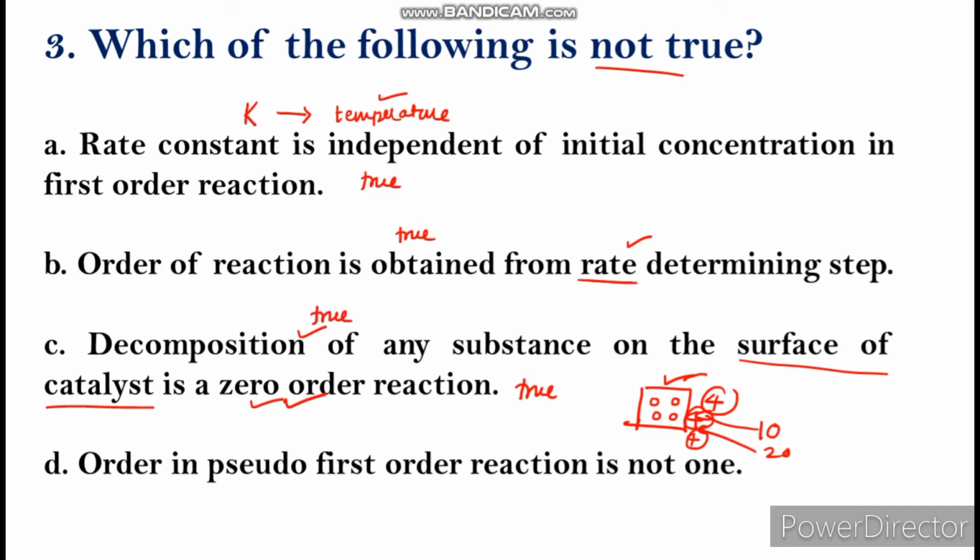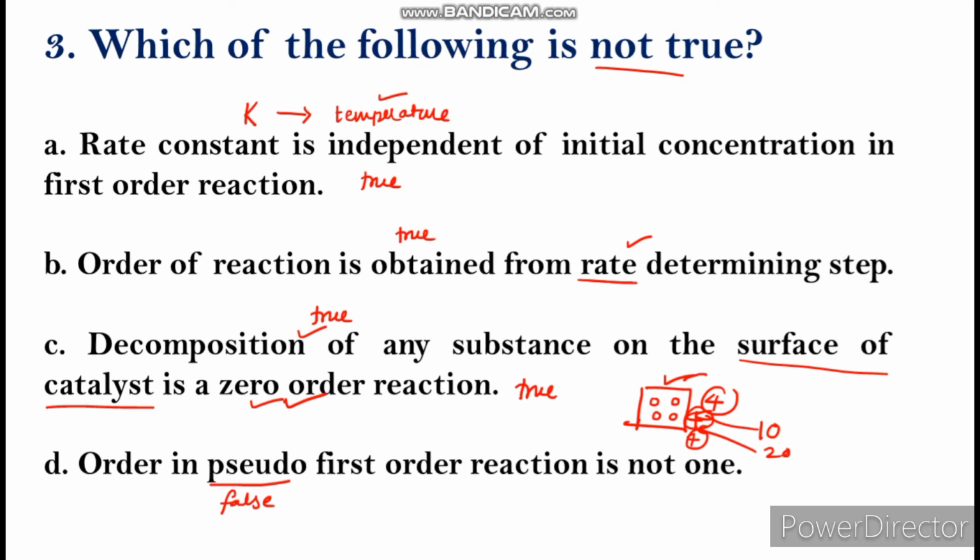Now option 4: order in a pseudo first order reaction is not 1. Pseudo means false, a false first order reaction. It looks as if it is true, but it is not. What is a pseudo first order reaction?